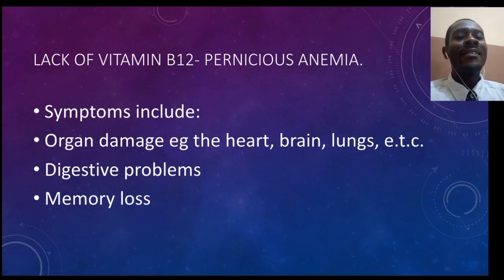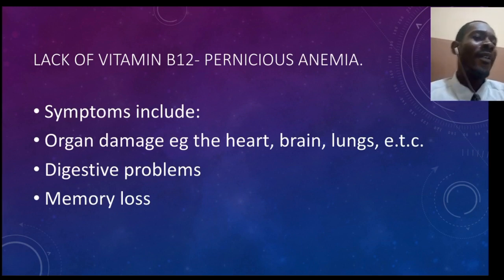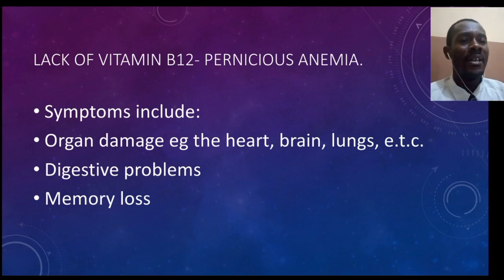Now let's see a few of the symptoms of this pernicious anemia. Number one, you can see that it can result in what is known as organ damage. Another fatal disease, organ damage. What type of organ can be damaged when there is pernicious anemia? The heart can be damaged, the brain, the lungs, when somebody is lacking vitamin B12.